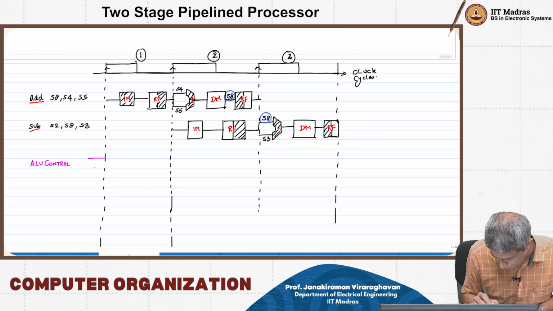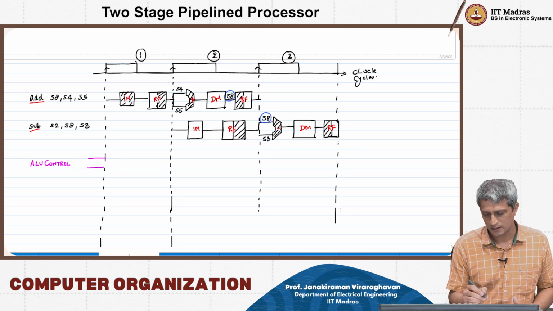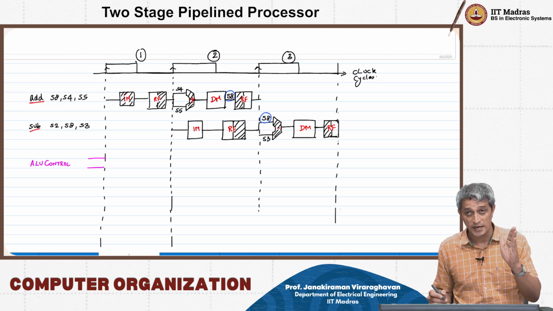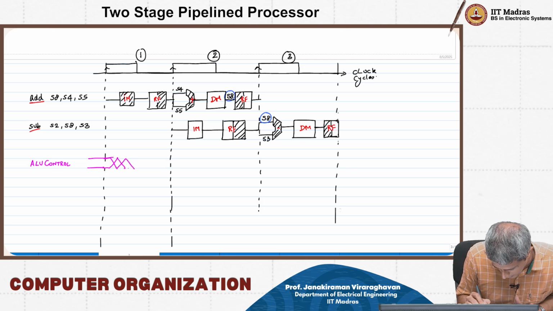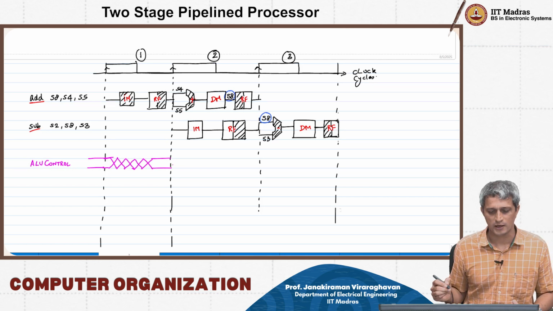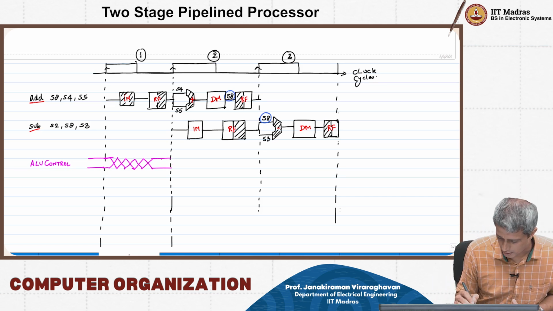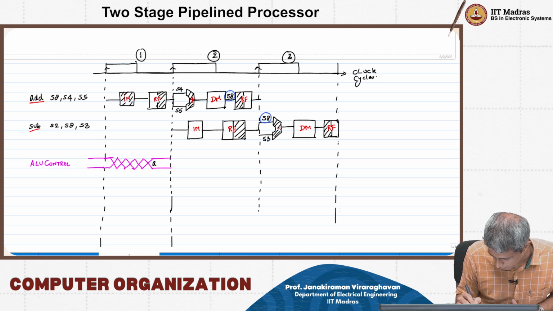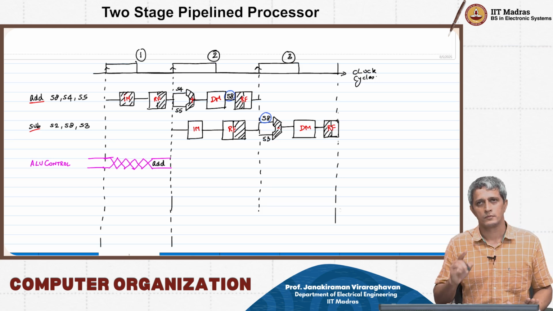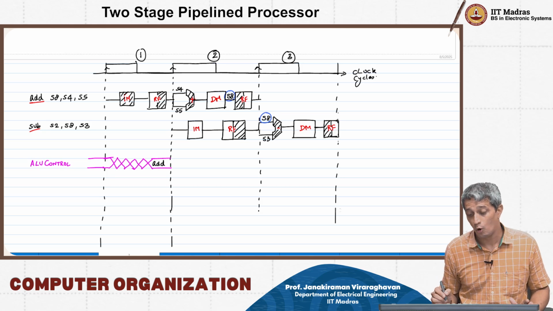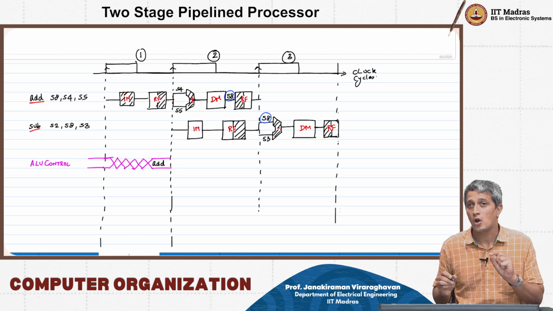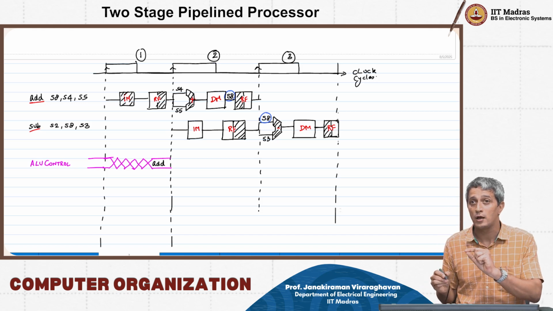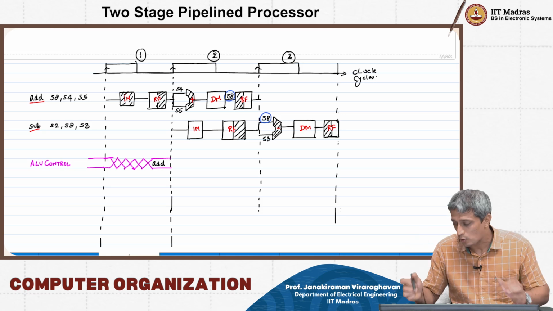If you look at this, it will take some time. You have to wait for the memory read. So this will take some time like this, and finally it will settle to the add instruction that you see here. This will be add. That is going to go into the ALU. Now remember that this signal is actually not going to decide the operation that's going to happen in the ALU.